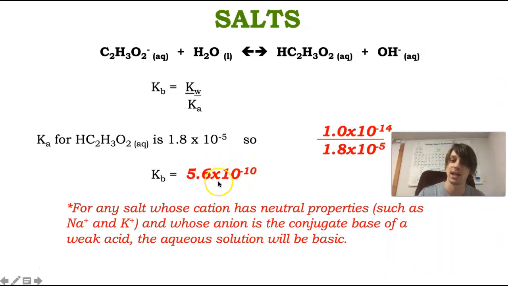Now I can use this Kb and the concentration of this to determine the OH concentration and then determine the pH for the salt, which would end up being basic. Again, the Na, the K, any of the substances that are part of strong bases in this case, don't matter. They're just spectator ions. So that's why I no longer include the Na or the K.